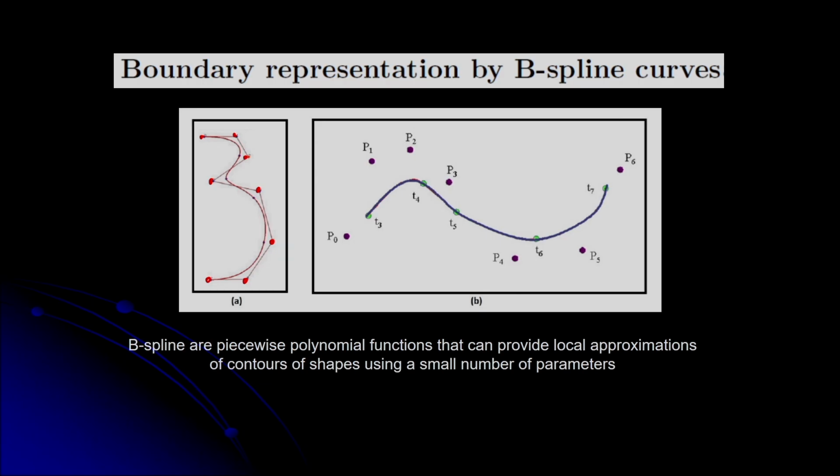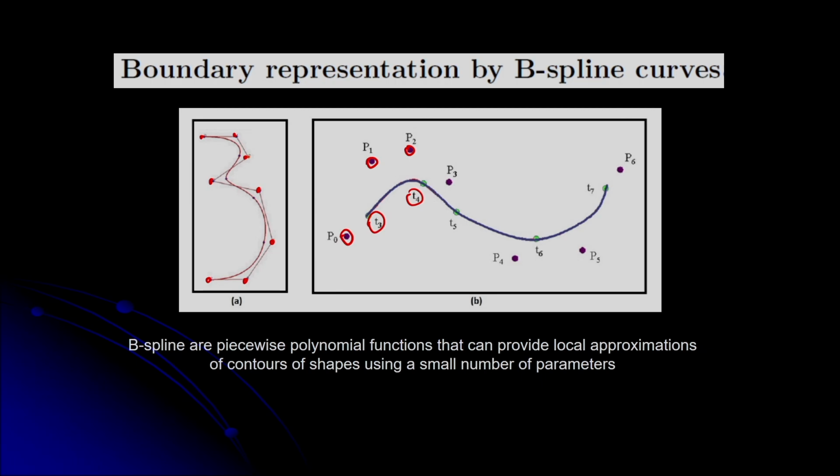In the right figure, to design a B-spline curve, what we need is a set of control points. Here you can see the control points P0, P1, P2, P3, P4, P5, P6, and I also need a set of knots, shown here as T3, T4, T5, T6.